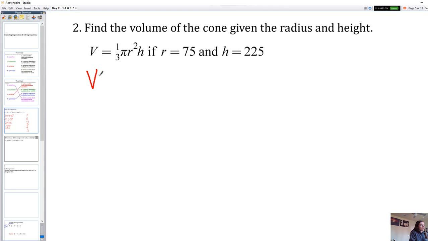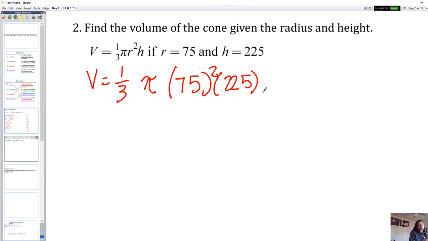So the volume is 1/3 pi, and then our radius was 75, so we're going to take 75 squared. And then since it doesn't have an operation next to it, we're still going to multiply. If it had an operation sign like addition or subtraction, we would add or subtract or even divide.